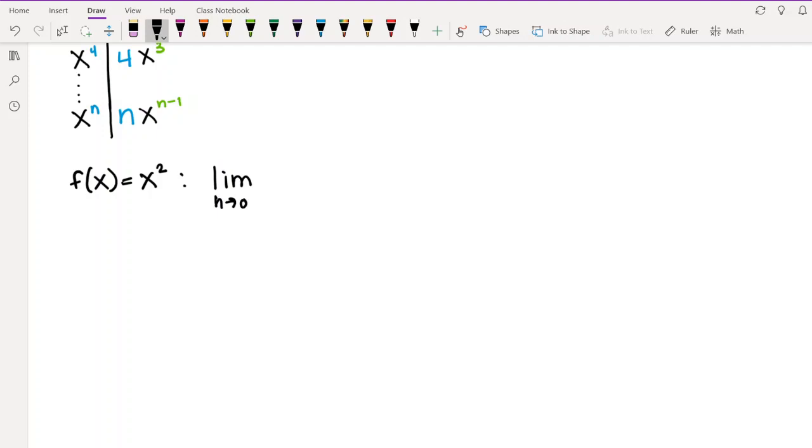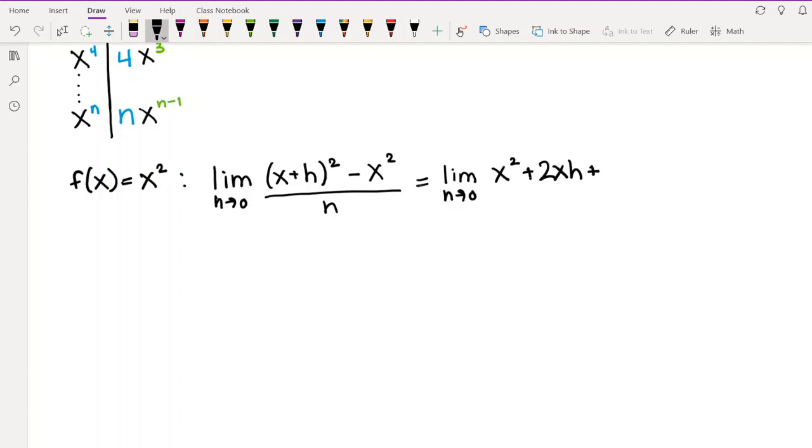The limit as h approaches 0 of f of x plus h, so that's going to be x plus h squared minus x squared, all divided by h. So if you multiply out x plus h squared, you're going to get x squared plus 2xh plus h squared minus x squared over h.